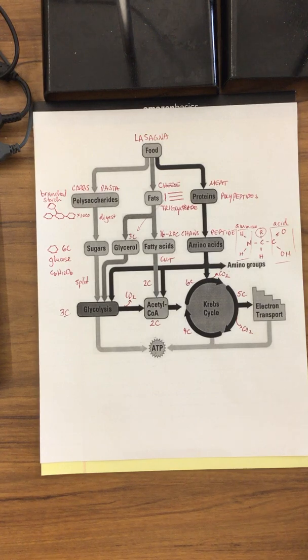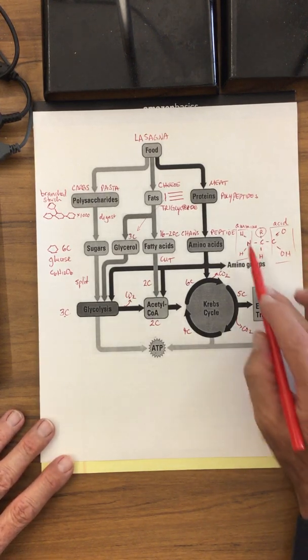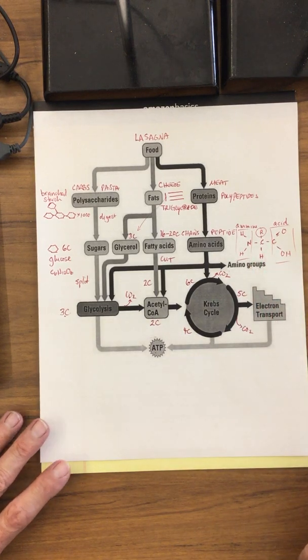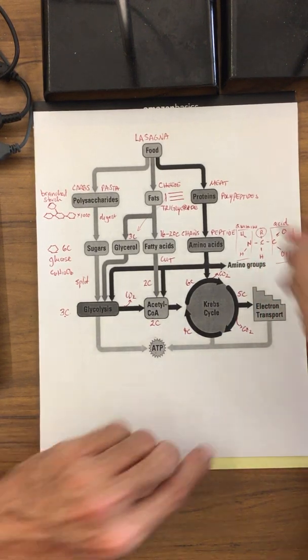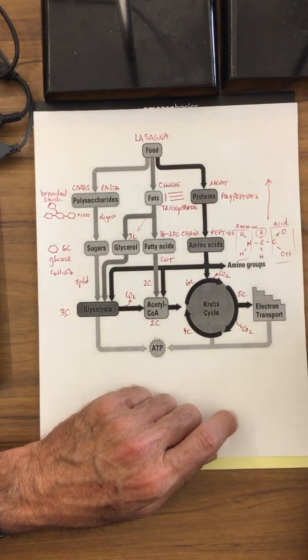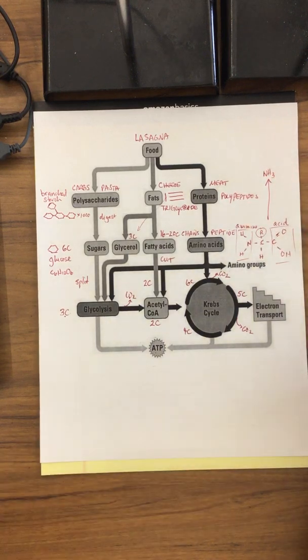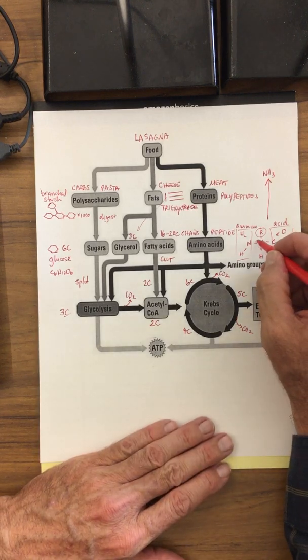Well, if you take a look at this, this is a 2-carbon molecule as well with an extra NH2 on it. What happens is a tricky process right here where the NH2 gets ripped off and it produces lots of ammonia. So we've got these 2 carbons.